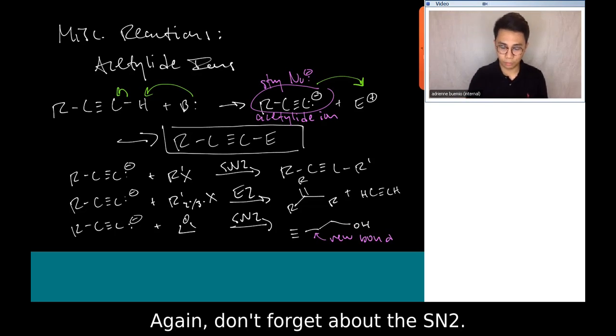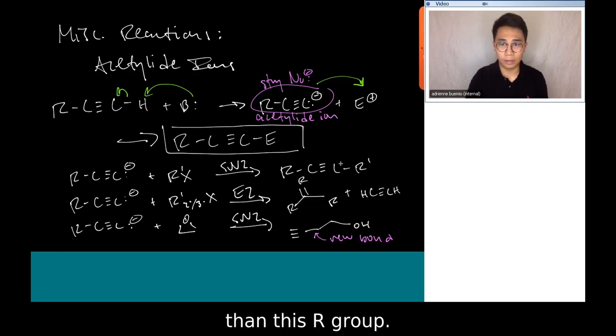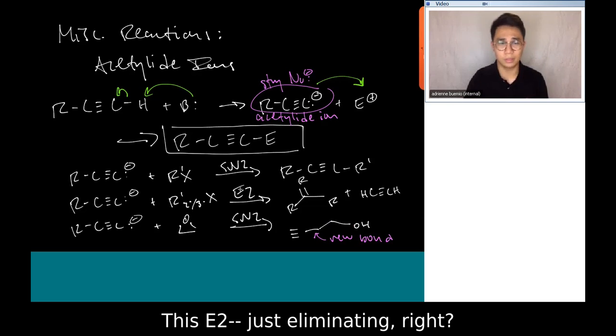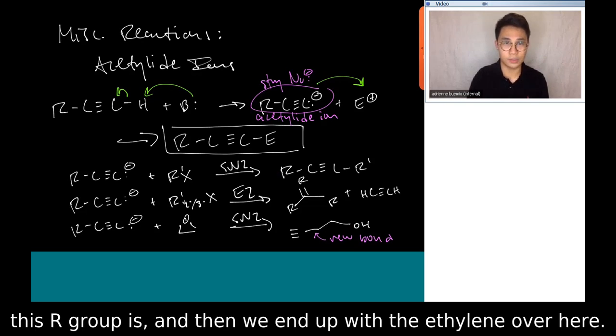Again, don't forget about the SN2, right? So this R group will be in a different plane than this R group. This E2 is just eliminating, right? So basically this R group joins whatever this R group is, and then we end up with just ethylene over here.